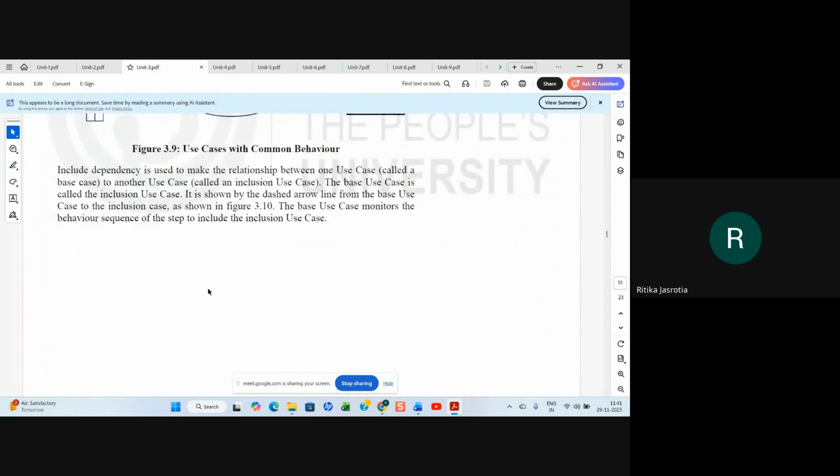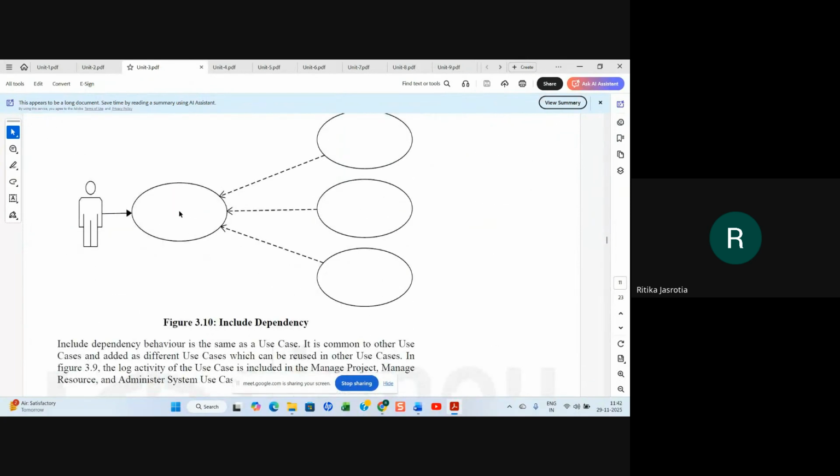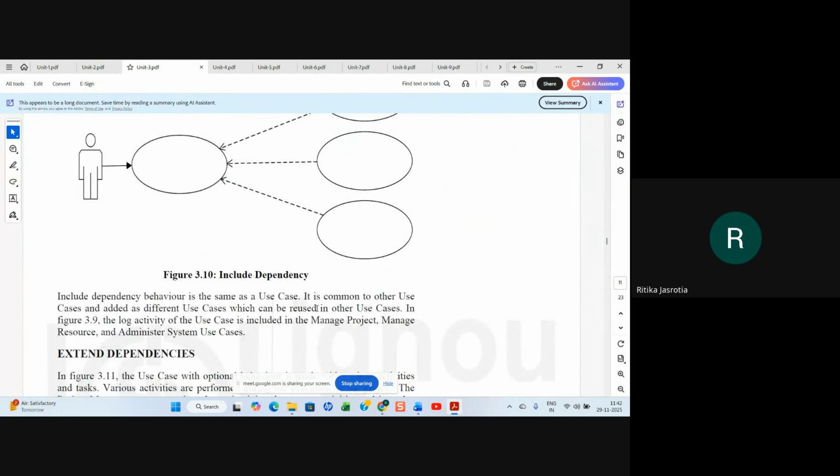right? So include dependency is used to make the relationship between one use case called a base and another use case called an inclusion use case. It is shown by the dashed arrow from the base use case to the inclusion use case. The base case monitors the behavior sequence of the steps to include in the use case. Here they are saying it is common to use cases and can be added as separate use cases which can be reused in other use cases.